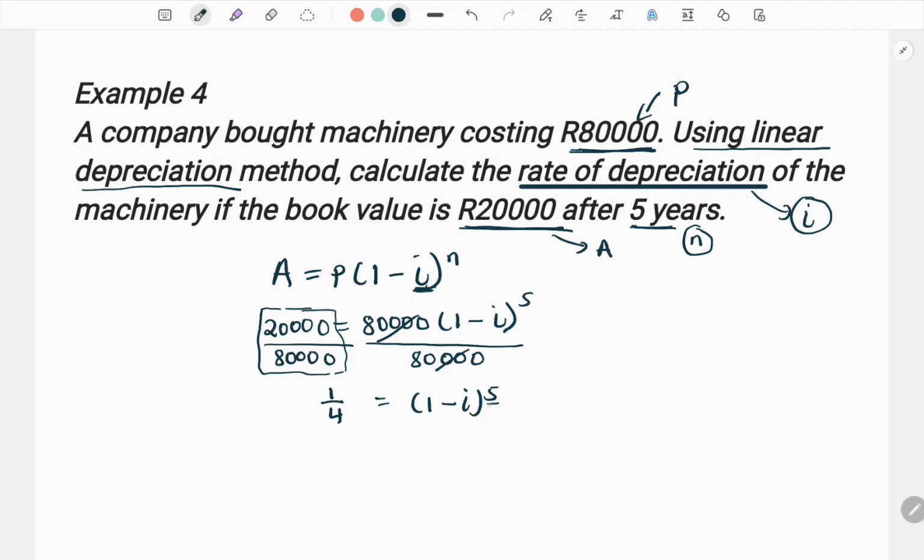Then to remove the exponent of 5, you insert the fifth root on both sides so that it cancels off. The 5 kills the 5. Then you remain with 1 minus I is equal to, you punch this in your calculator.